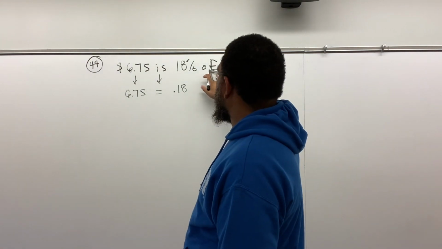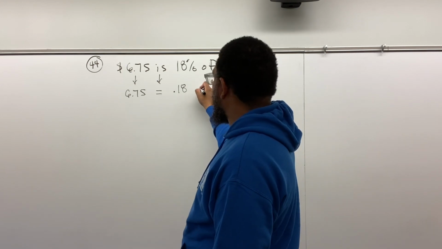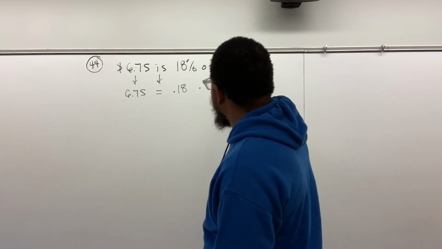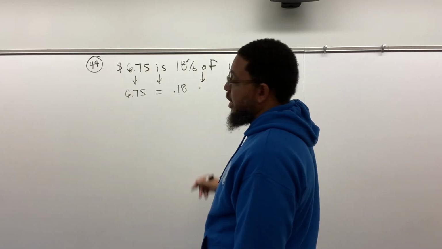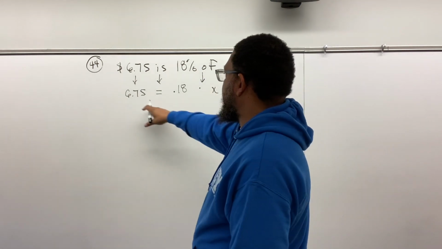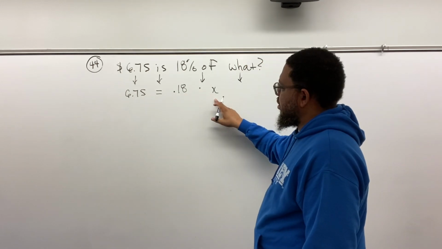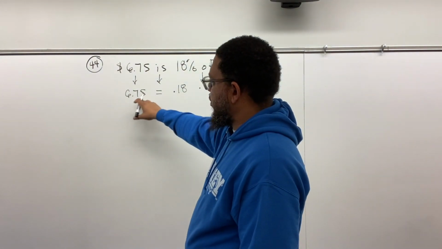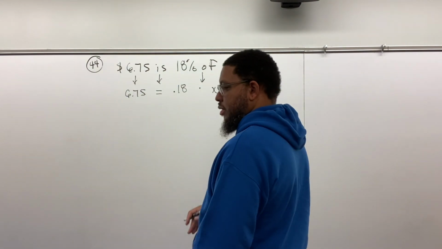What does of mean? Multiplication. So I'm gonna use a dot for multiplication. And then what does what mean? What means X, or any variable. You wanna use X, we can use X. So I got 6.75 equals 0.18 times X. What's the next step?